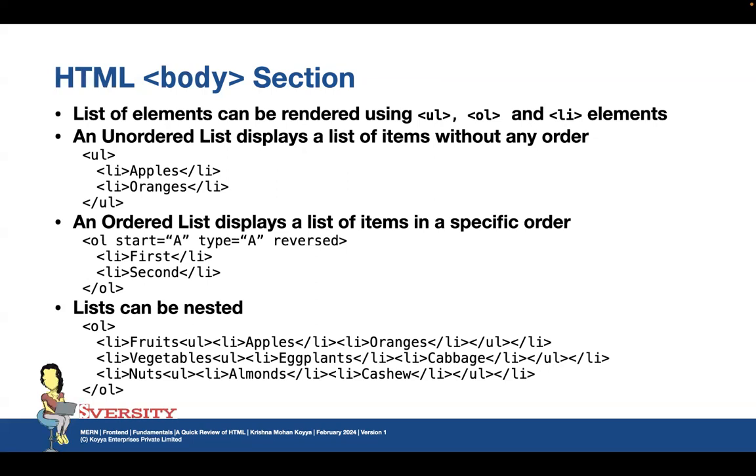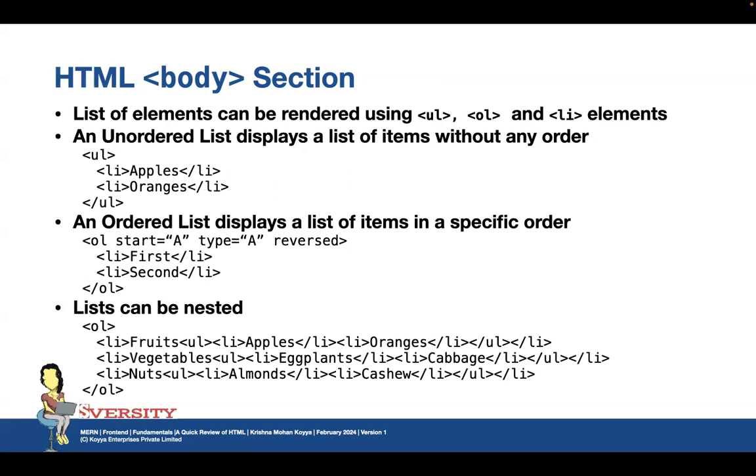All right. Lists can also contain lists. Look at the fourth bullet here. I have an ordered list in which I have 3 elements: fruits, vegetables, and nuts. And fruits is that particular LI element, that is list item. LI stands for list item. So that fruits item contains an unordered list in which you have apples and oranges.